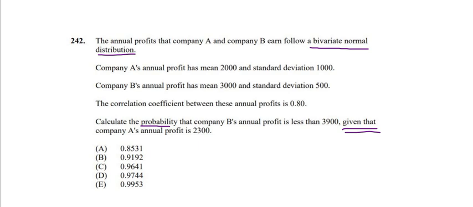Suppose component A we denote as X, this is Y. What we want to find is the probability that Y is less than this, given that X is this.